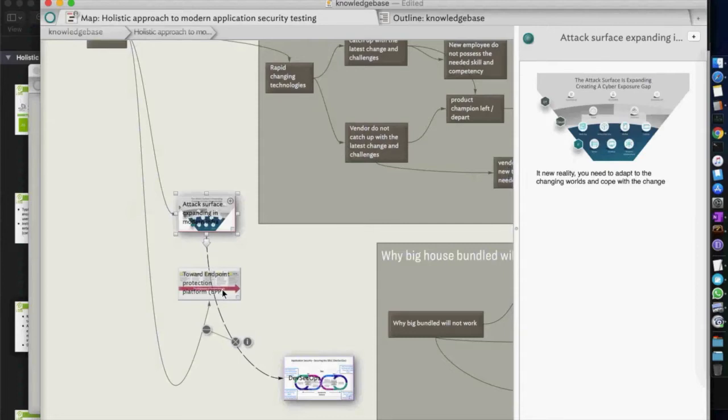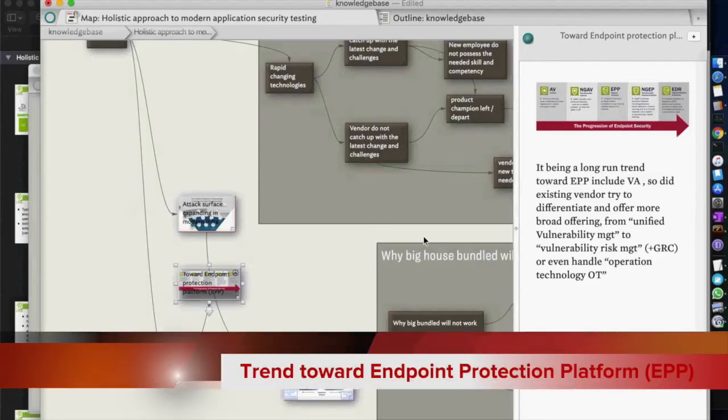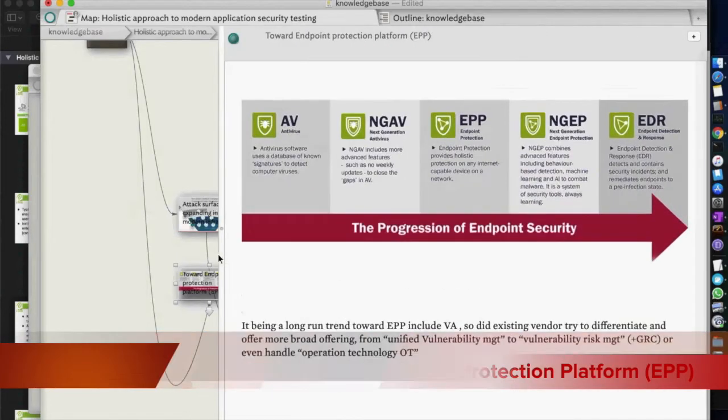And then another trend that also constitutes a problem most of the time is the move toward EPP.